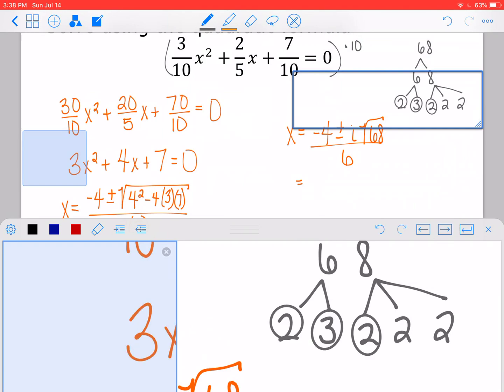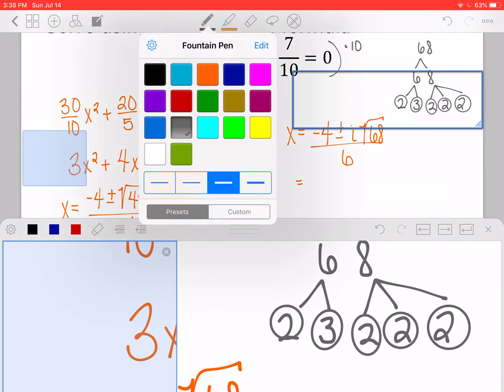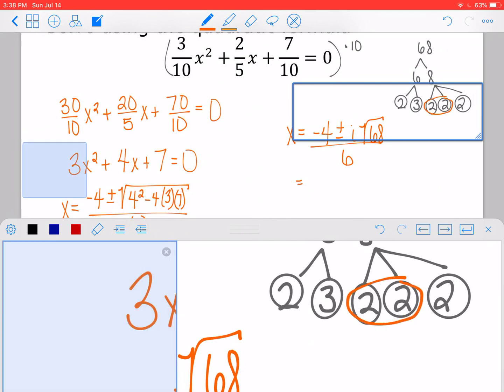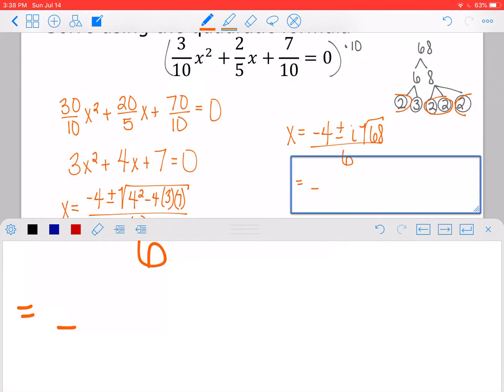So bring out 2 times 2, that's 4. And we're left with... 68 isn't 6 times 8. It's 48 is 6 times 8. Okay, so let's try this again.